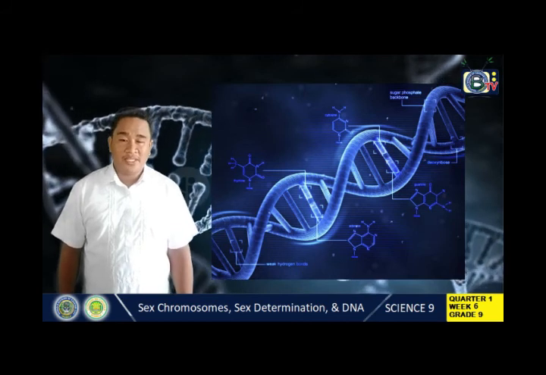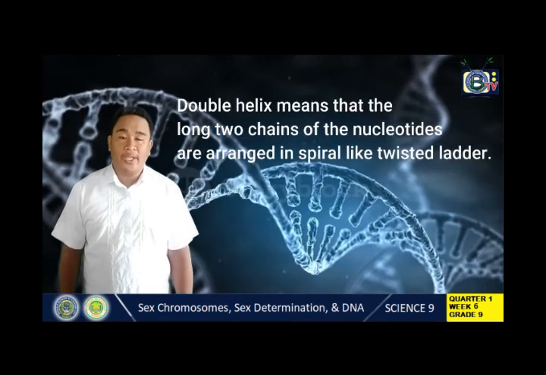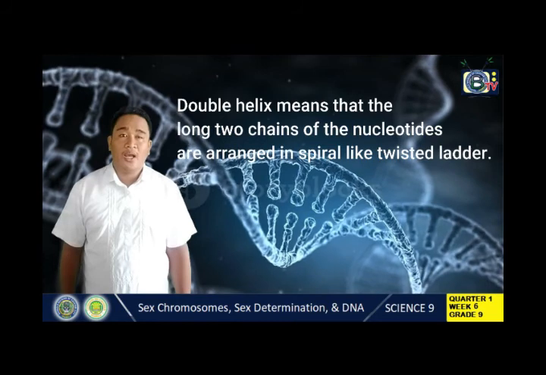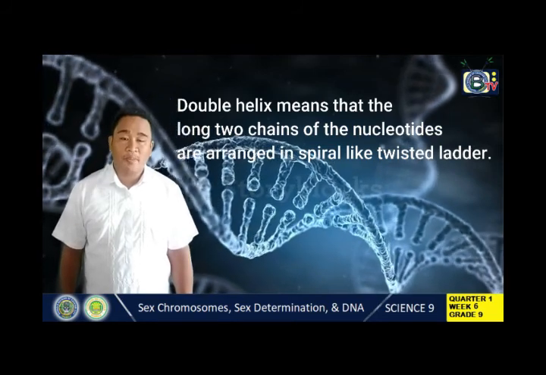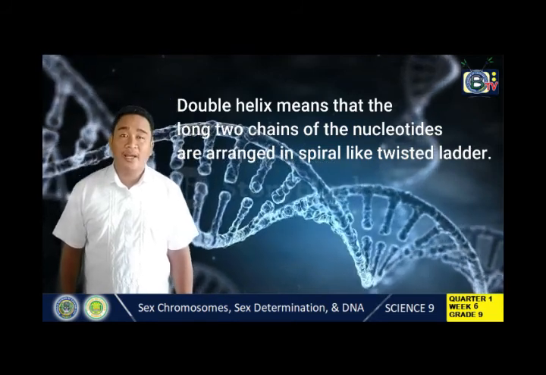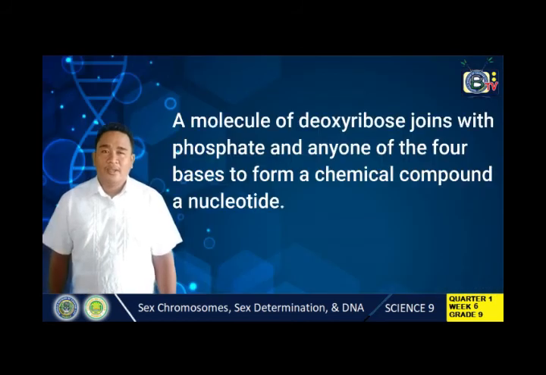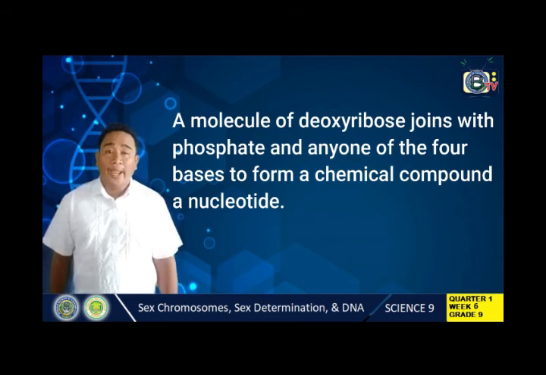Double helix means that the two long chains of nucleotides are arranged in a spiral-like twisted ladder. A molecule of deoxyribose joins with a phosphate and any one of the four bases to form a chemical compound, a nucleotide.